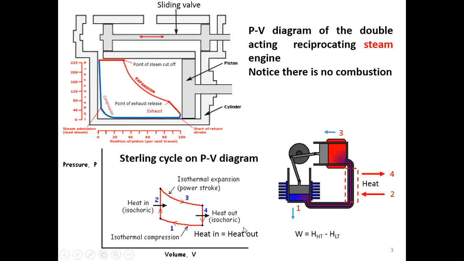So in theory, for these cycles or these Stirling engines, we need to provide just one amount of heat. We provide only one-time energy to these cycles, and the same amount of energy will be released from the engine.